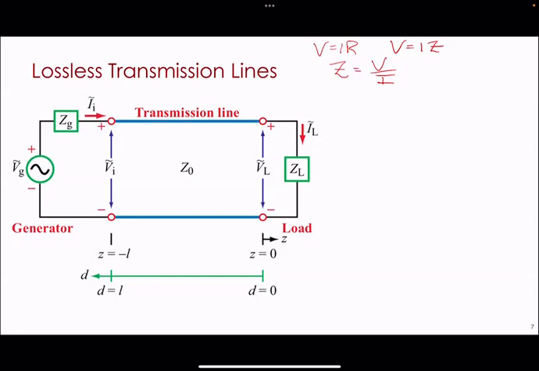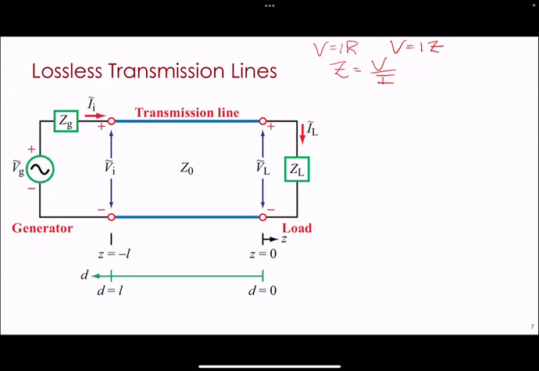The voltage across the impedance, that's the V, divided by the current through the impedance equals the impedance. It's easy to think about that with resistors, because R equals V over I: you put some voltage across it, and the ratio of that voltage to the current through it is the resistance.